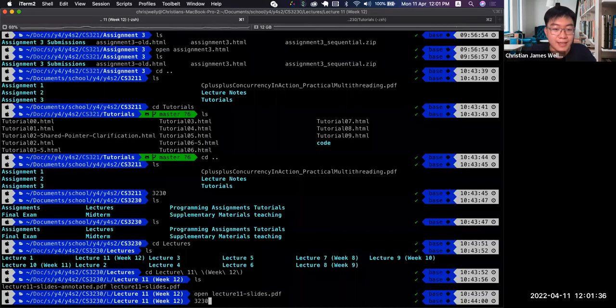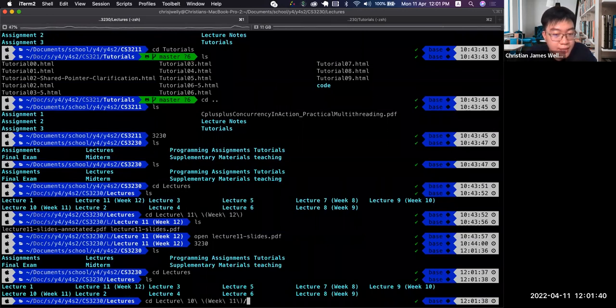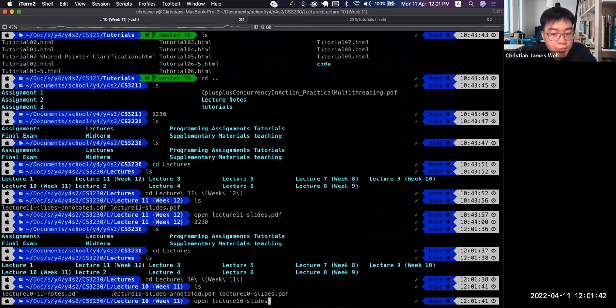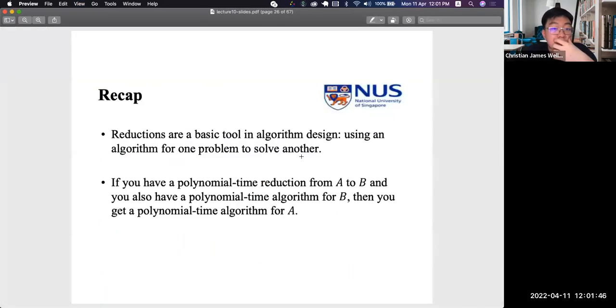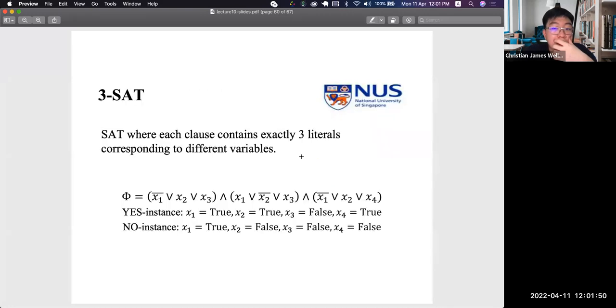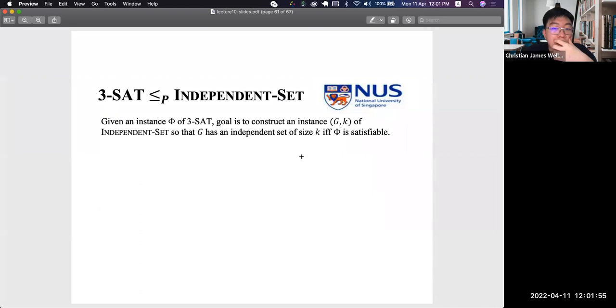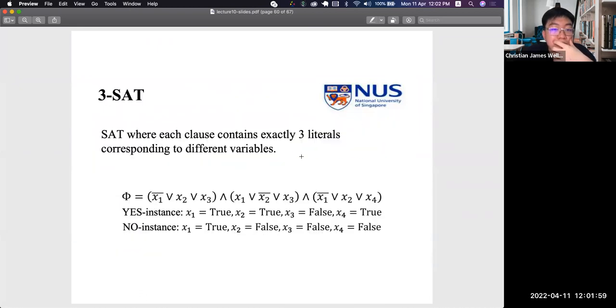I think so. Let me quickly check. Lecture 10, I believe. Corresponding to different literals, different variables.